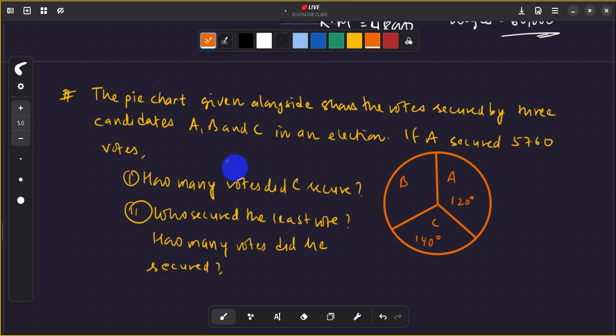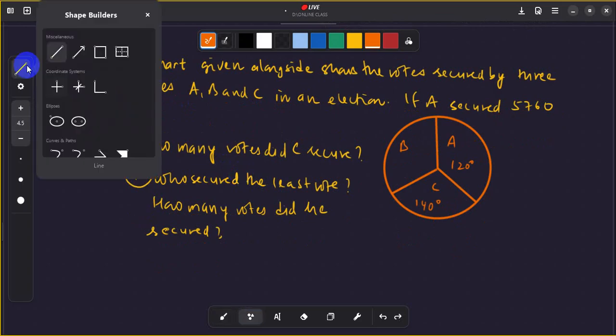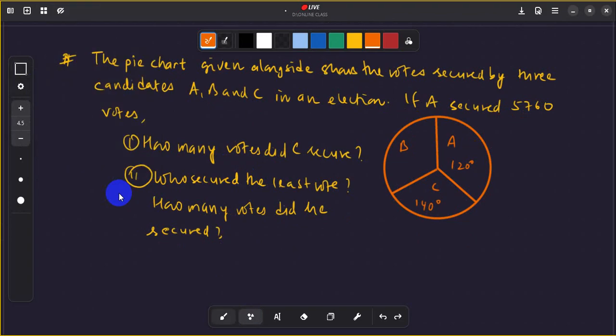This is the information given to us. Based on this information we need to answer the given questions. Here A has secured 120 degrees and B is not given, and C is represented by 140 degrees. The number of votes are represented in terms of degrees in this pie chart.